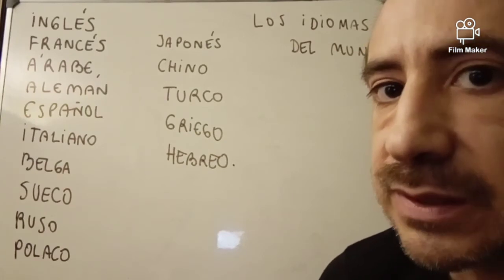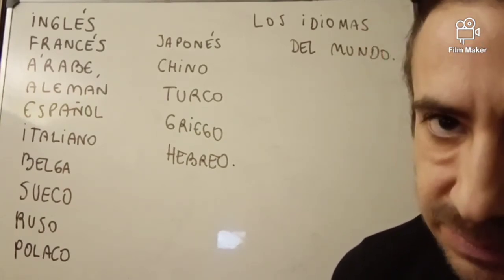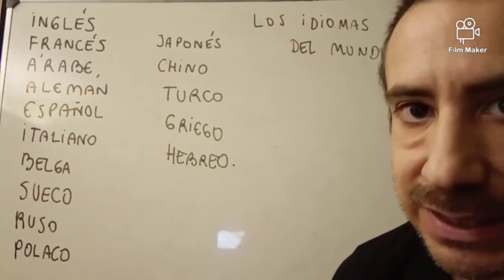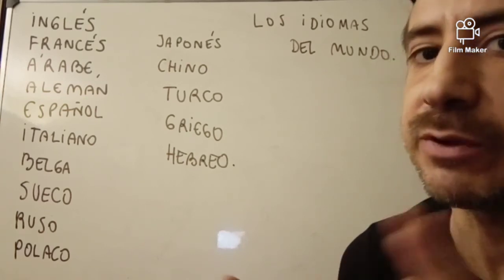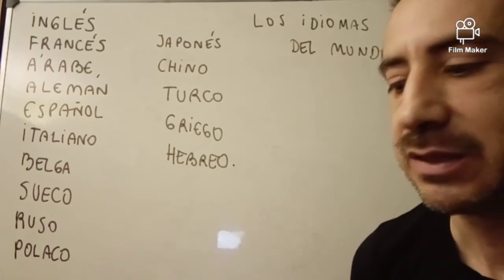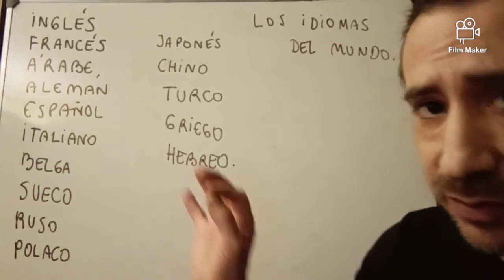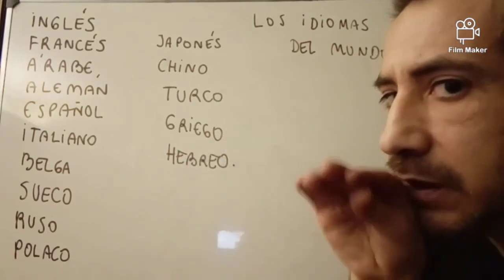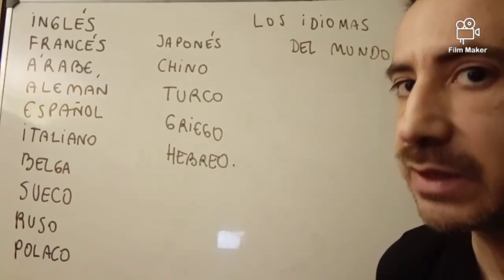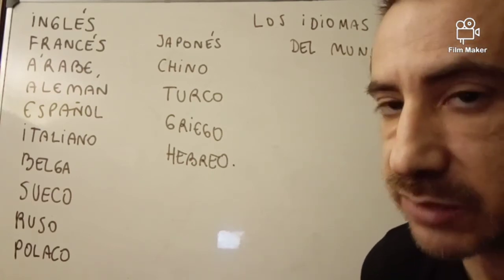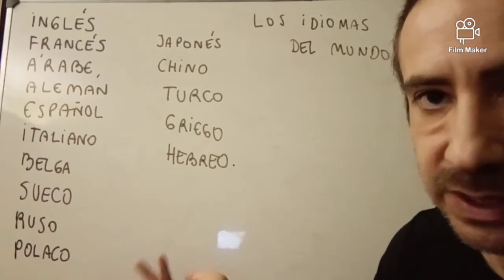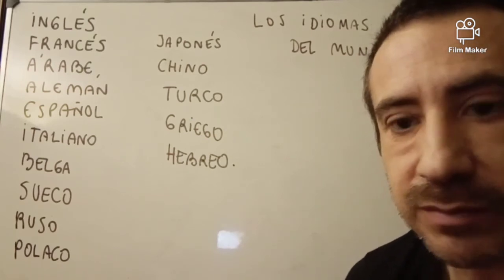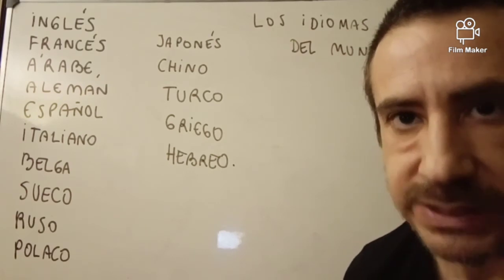And to end this video, as I said before, I was going to write the names of the languages tidier, because it was a bit of a mess embedded into nationalities. So they are written separately here. The title says Los idiomas del mundo, the languages of the world. Of course, they are not all the languages of the world, for obvious reasons, and because I myself don't know the name of all the languages in the world.